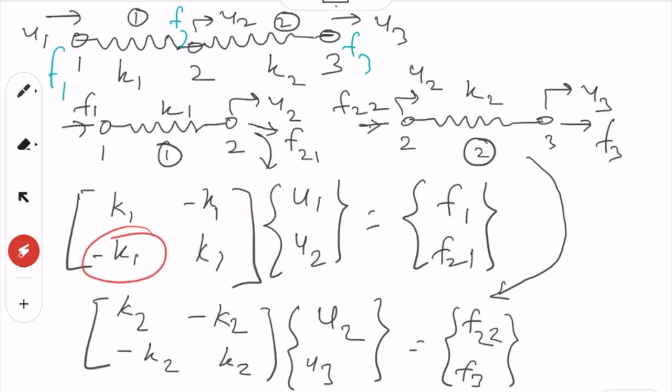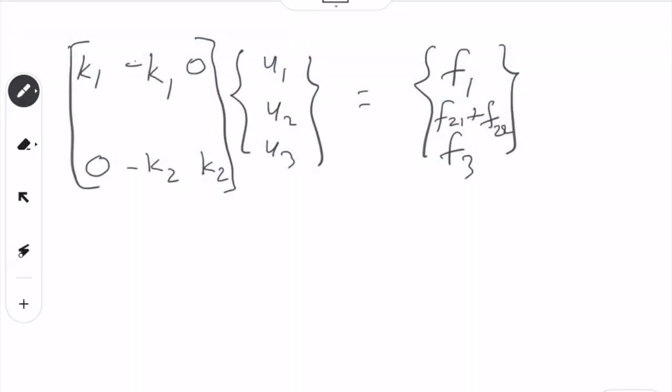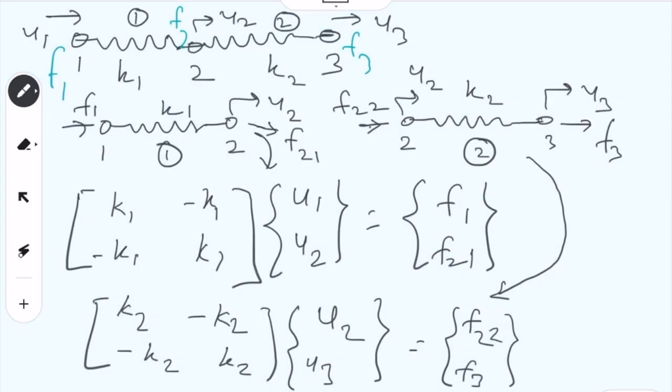So, we will write minus k1 as the first entry. Okay. Next, the coefficient of u3 is easy to know, hence I am writing that first.